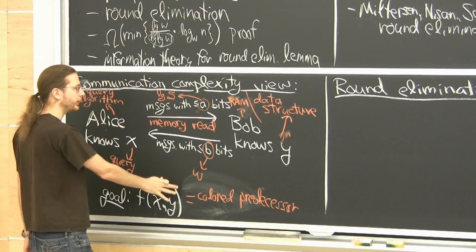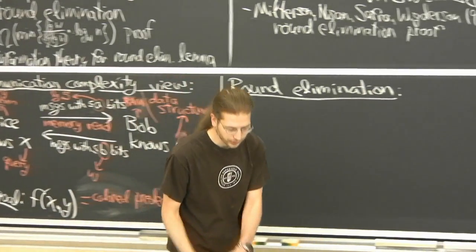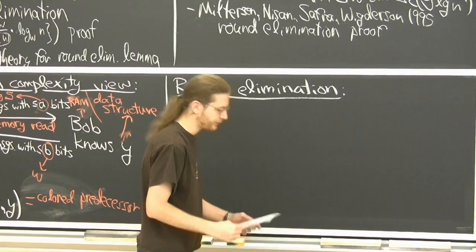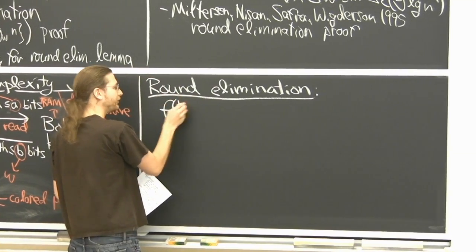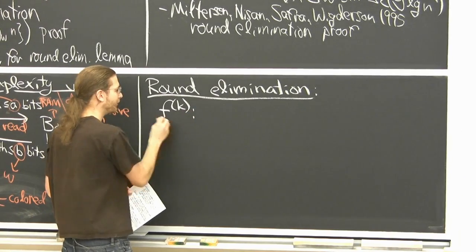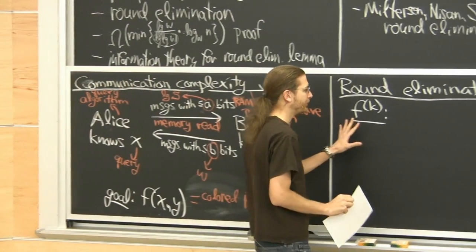Not just the red one, but the generic white picture. So here's what I need to define a little bit before I can get to the claim. This will seem weird and arbitrary for a little while until I draw the red picture, which is what it corresponds to in the predecessor problem. But just bear with me for a minute.